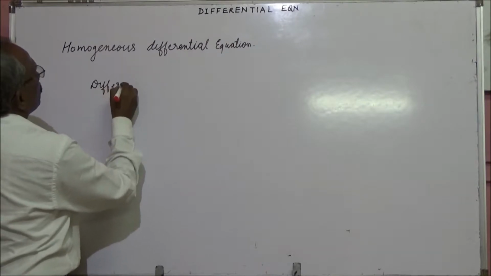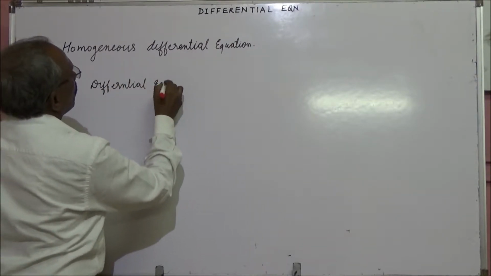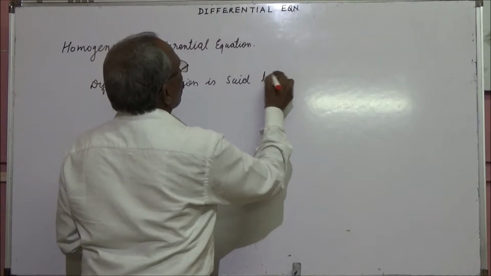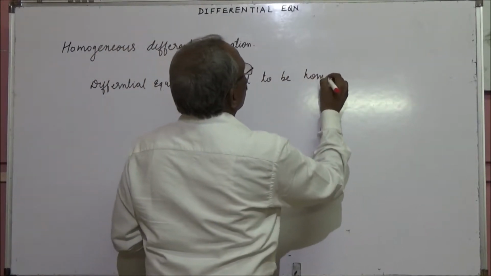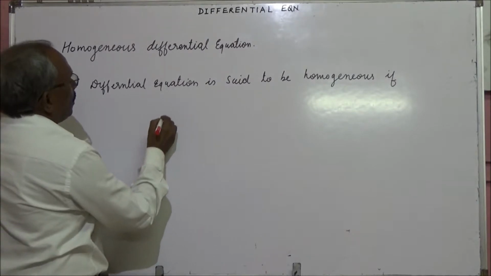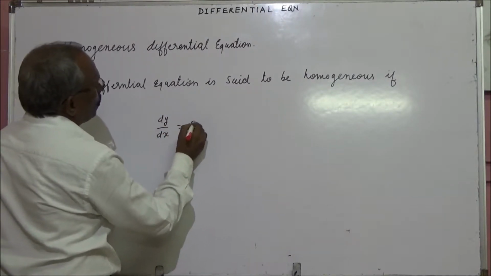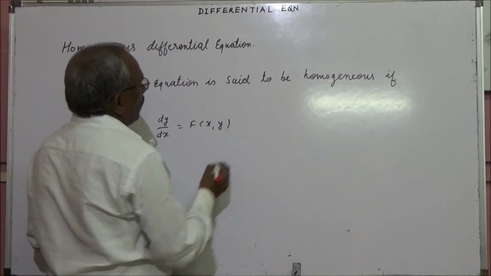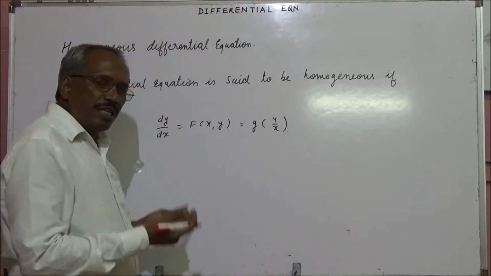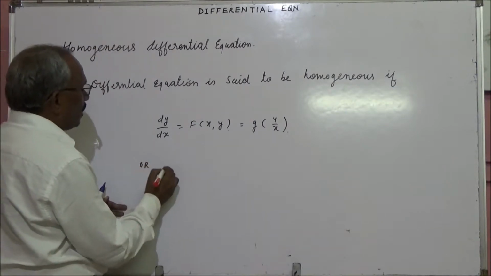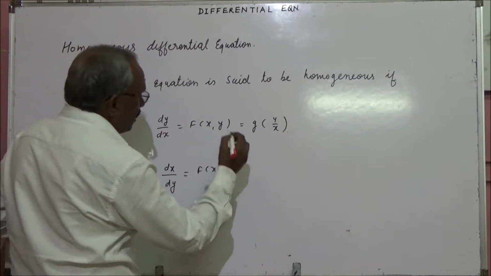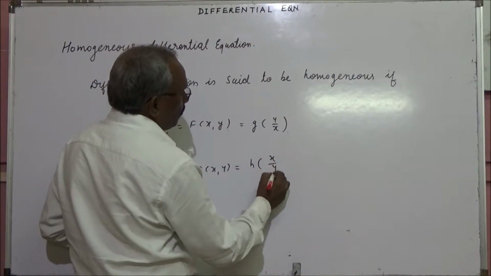A differential equation is said to be homogeneous if dy by dx is equal to f of x, y, and this can be written as g of y by x, or dx upon dy is equal to f of x, y is equal to h of x by y.